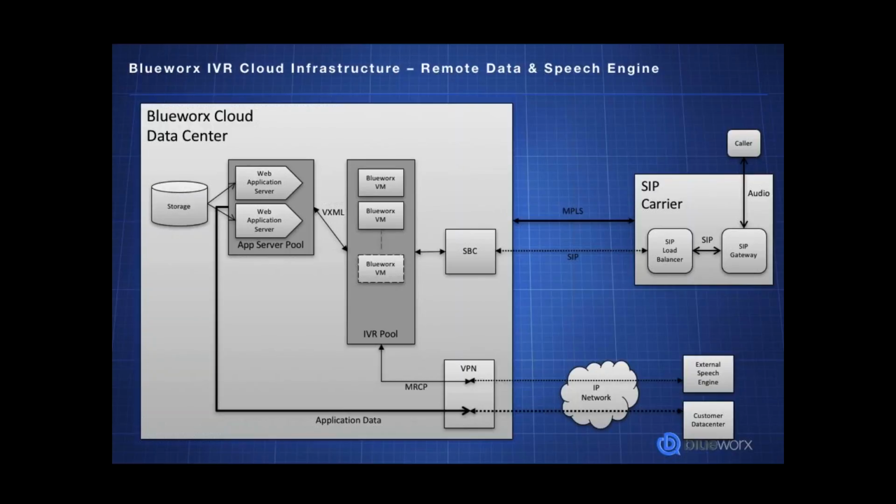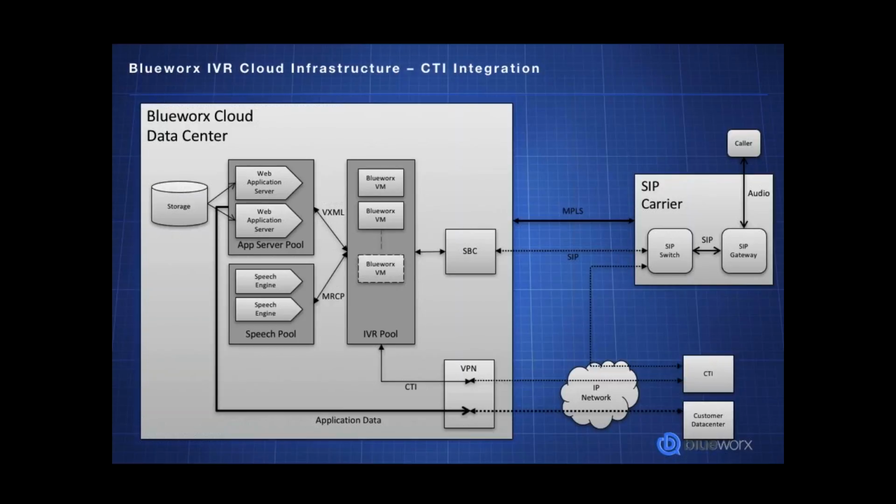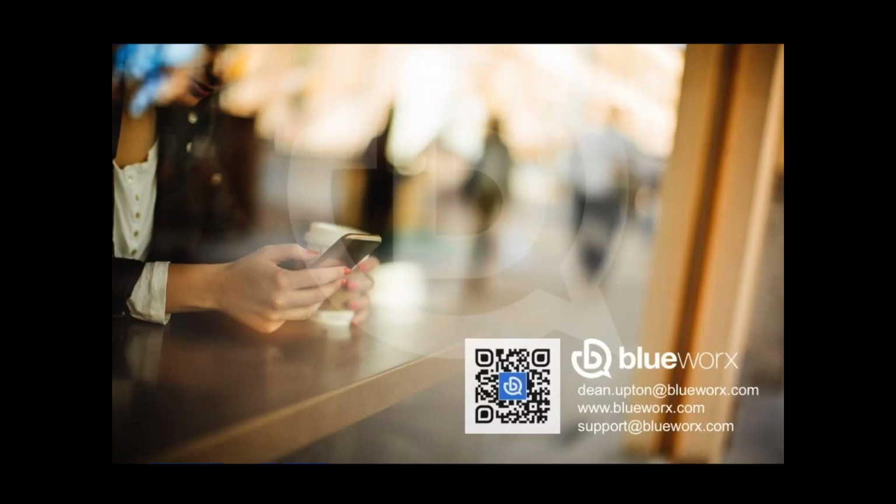In this example, we're using our own application server again, but maintaining the external speech engine. And this is the addition of CTI, such as Genesys or Cisco CTI. We use the customer's CTI server, and we can route the traffic to the CTI server if necessary, with a connection through the VPN to control it.